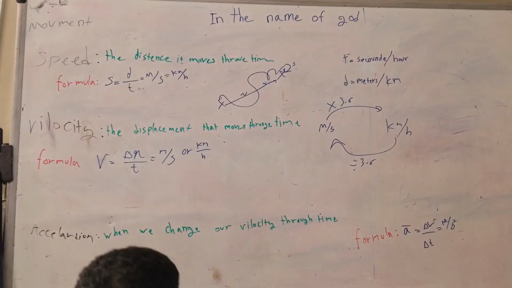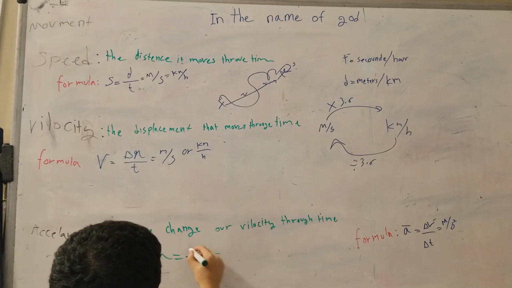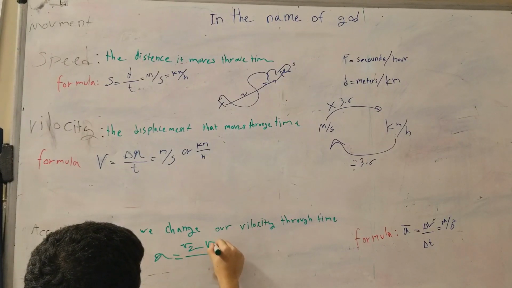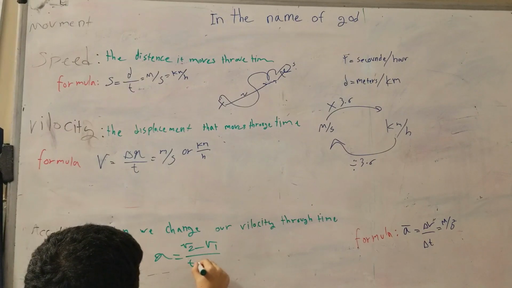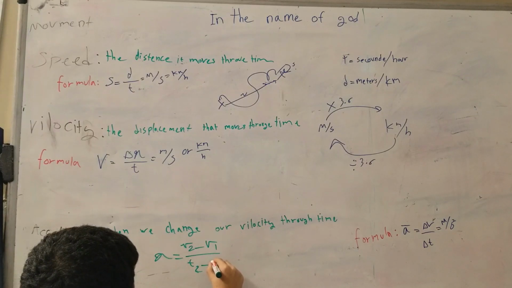a equals v2 minus v1, divided by t2 minus t1.